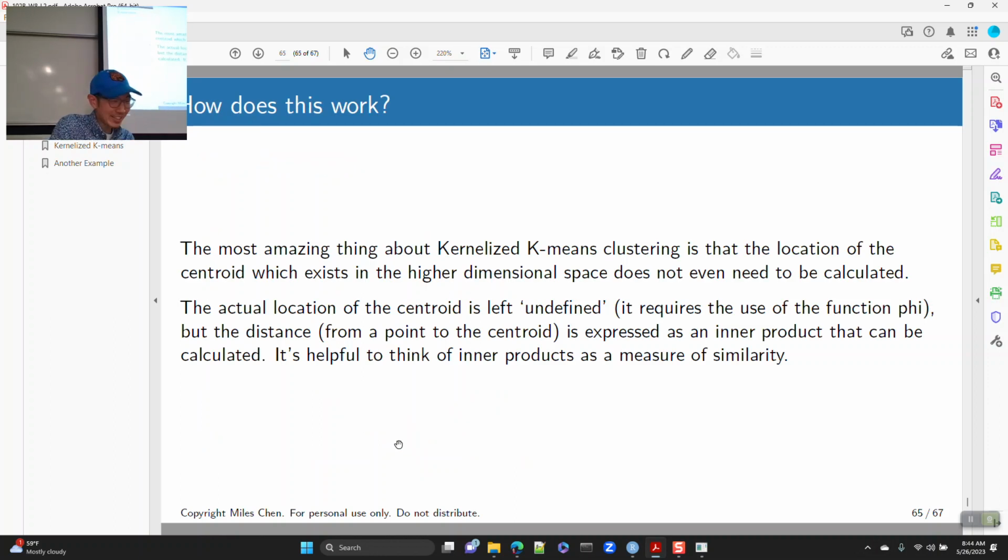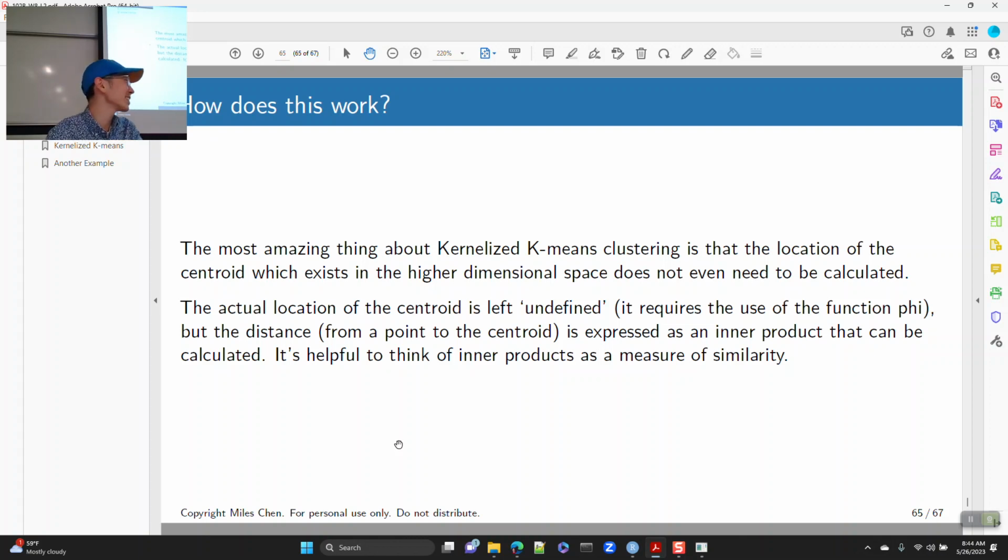And so I was just thinking, how does this even work, right? This magic of calculating distances to centroids without calculating the centroids themselves. This is a really silly example, but what if you had to cluster people together?